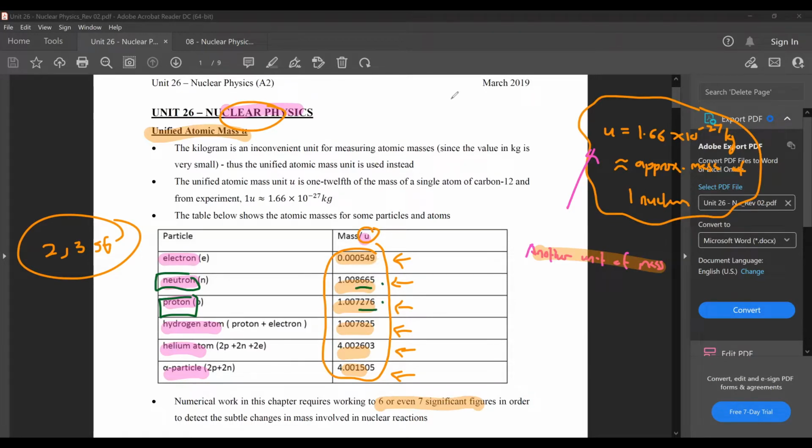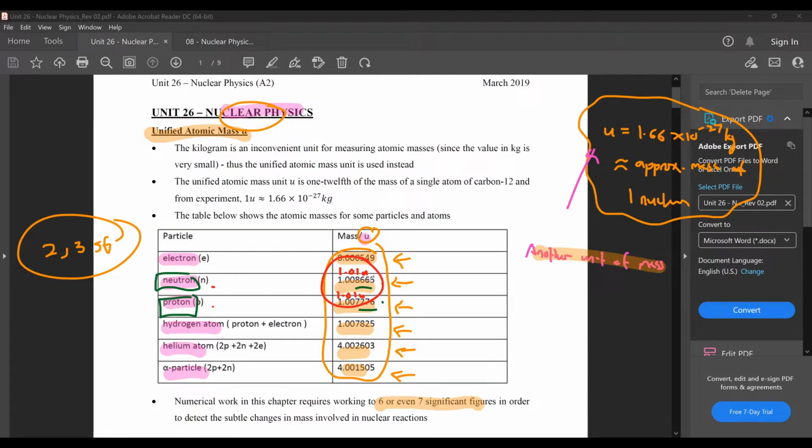But if I were to tell you to work up to 3 SF, this one will become 1.01 U. This one will also become 1.01 U. So when you look at it this way, if I look at it in a small number of SF, there's virtually no difference between the mass of a neutron and the mass of a proton. But if you were to work up to a larger number of SF, you can actually see the difference there. That's the reason why here in this chapter, when you're working with their masses, you have to work up to a large number of SF.